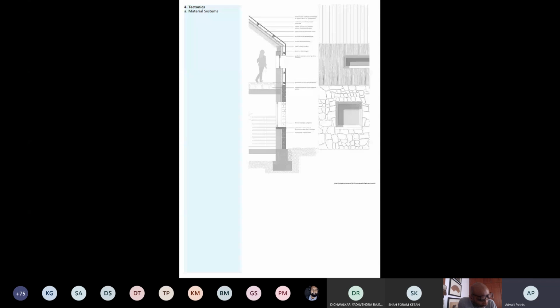So these graphics we have shared in the presentation, these qualities are important in a sense that if you want to show material system, you should use section, or maybe axo, exploded axo. Now we have looked at section because it's simple to draw, but it should be in detail.